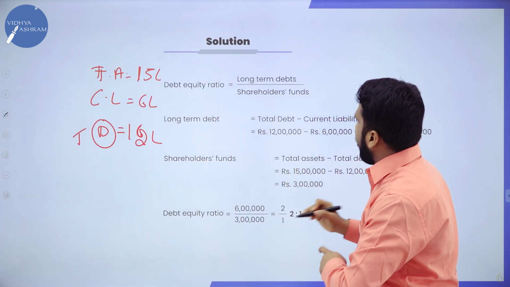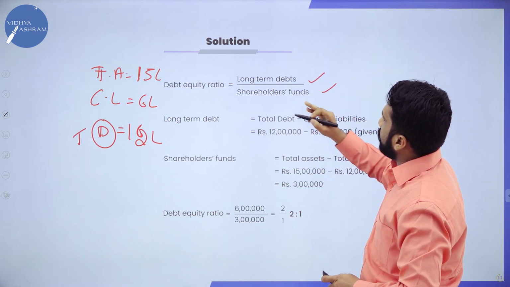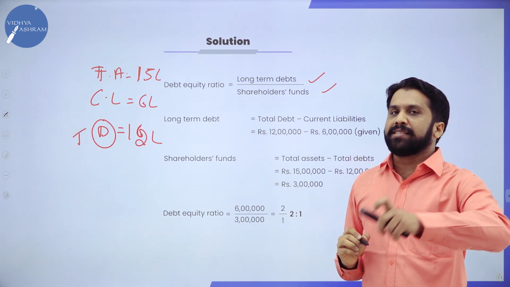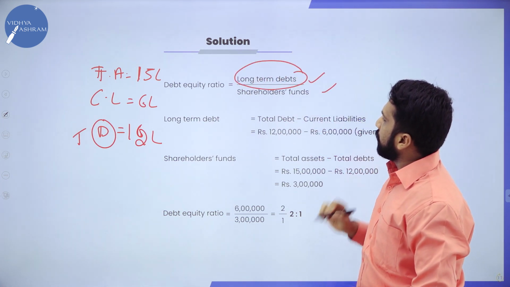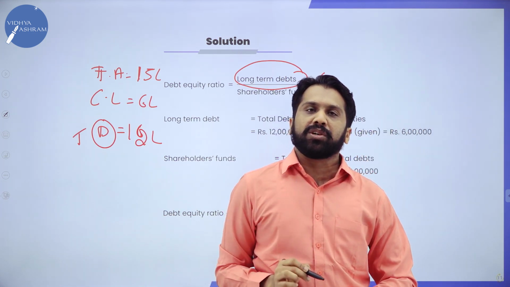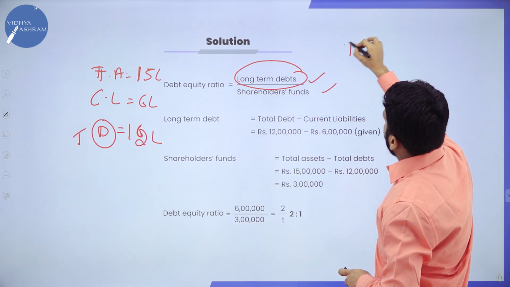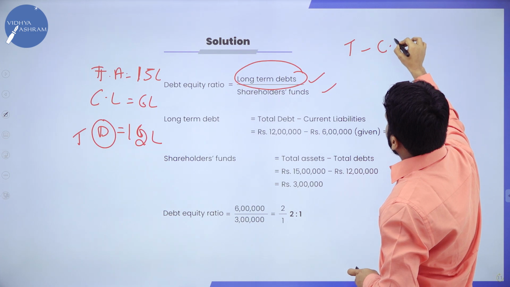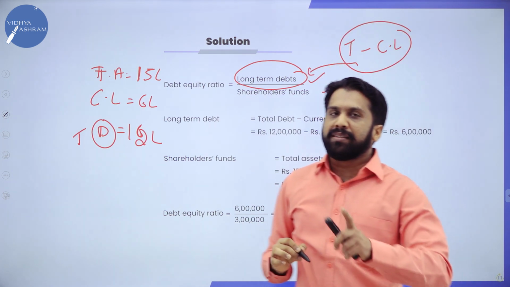Now, how to calculate this? You know the formula, total debenture divided by shareholders fund. In this we will consider only long term. Now, long term debenture is not given in this question. How to find out? From the total debenture, if you minus current liability, you will get long term debts.